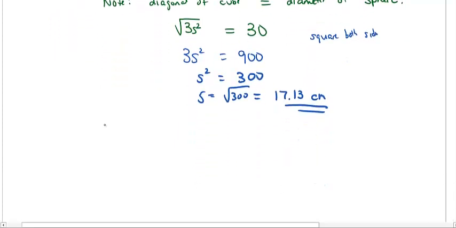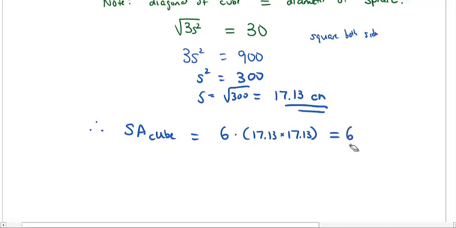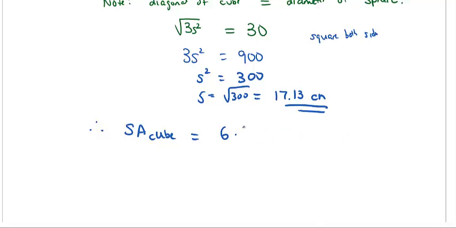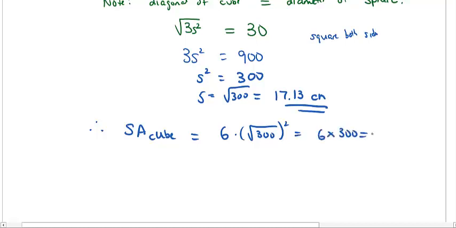So knowing S now, the surface area of the cube is equal to 6 times each of those sides, which happen to be a square, which actually happens to be 6 times, if I wanted to be more accurate here, by the way, I can just say root 300 squared, which just becomes 6 times 300, or 1800.